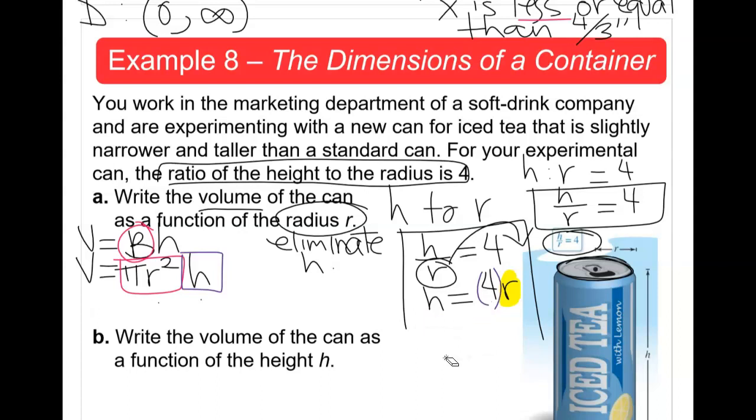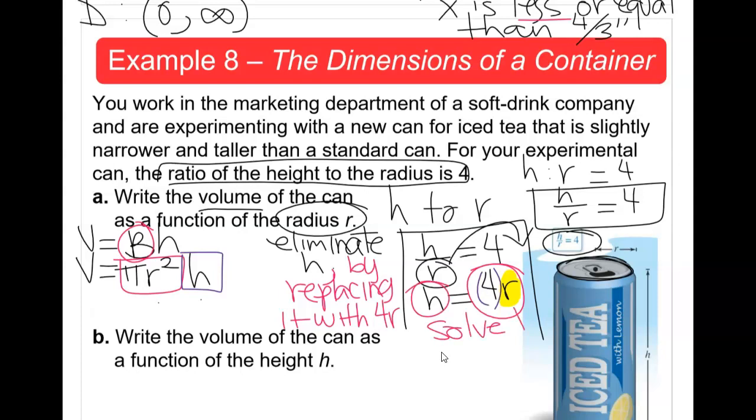I solved for r, and what I want to do is eliminate h by replacing it with this expression, with 4r. So in other words, we solve for h, or we isolated h. The one that we want to eliminate, that's the one you want to isolate or solve for.